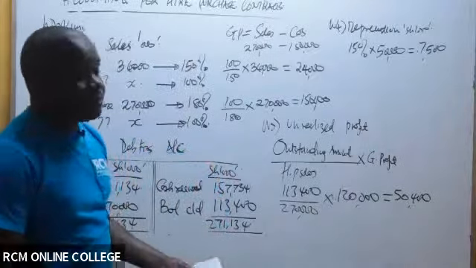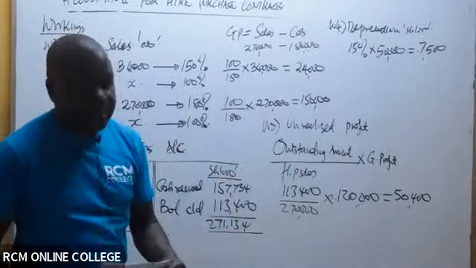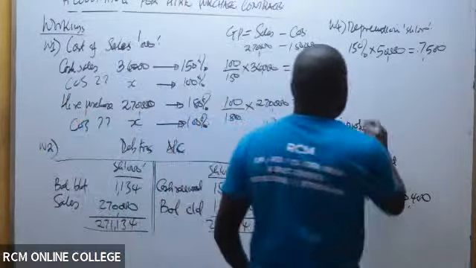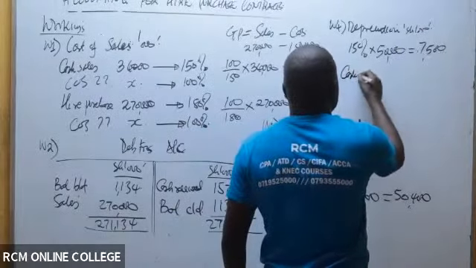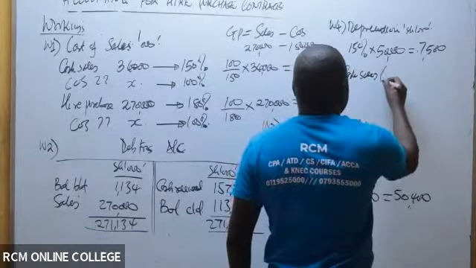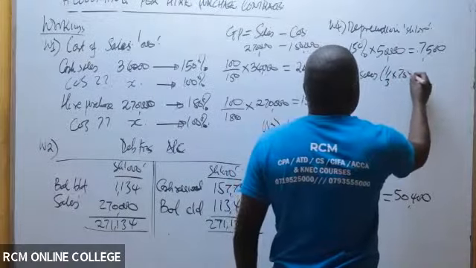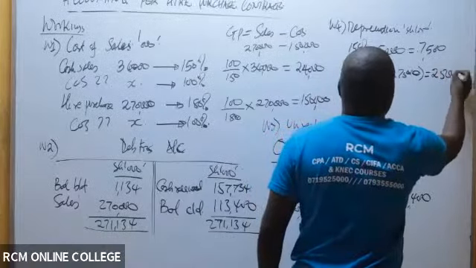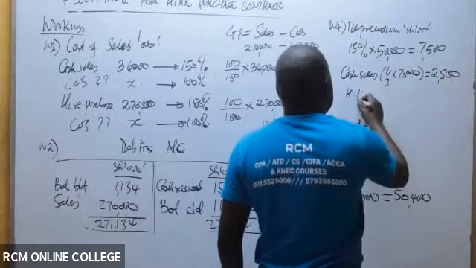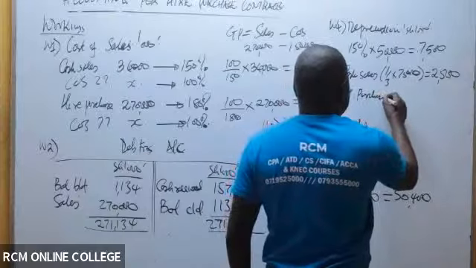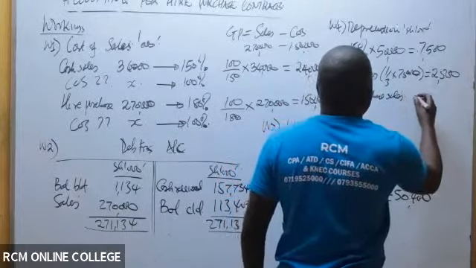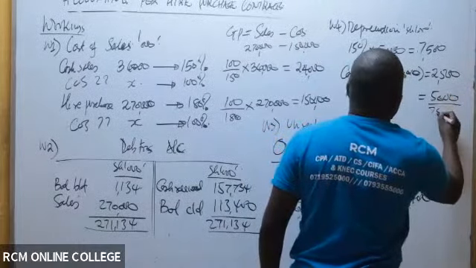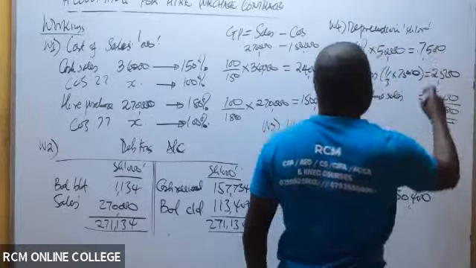So for cash sales, this depreciation will be 1/3 of 7,500, which comes to 2,500,000. For hire purchase sales, the depreciation will be 2/3, which is the balance, 5 million. So in total it is 7.5 million, the total depreciation.